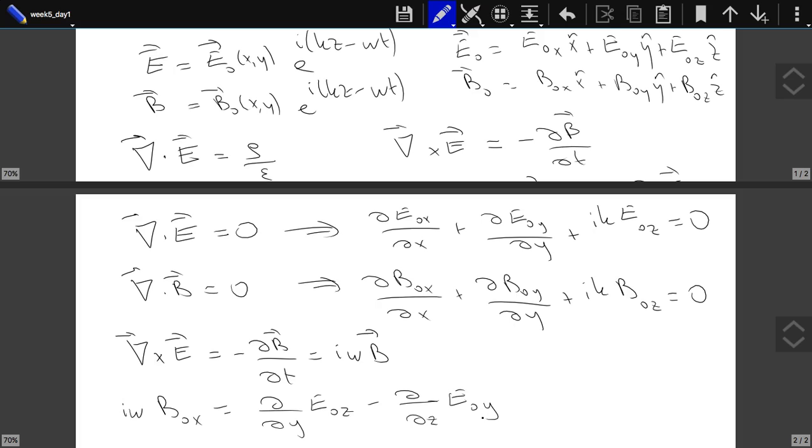The x component is the y component of this one multiplied with the z component of this one minus the z component of this one multiplied with the y component of that one. So i omega B0x should be equal to this one. Well, the z component, that derivative, all the z dependence is e to the power i k z. So instead of the z derivative, I just write i k. This is i times k.